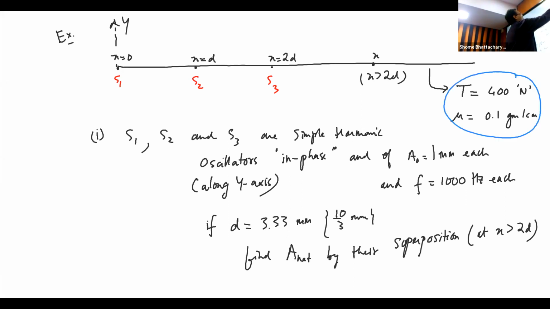So from this data, we will get the wave speed as this. Okay. So convert this to kg per meter. Getting that as 200 meters per second.